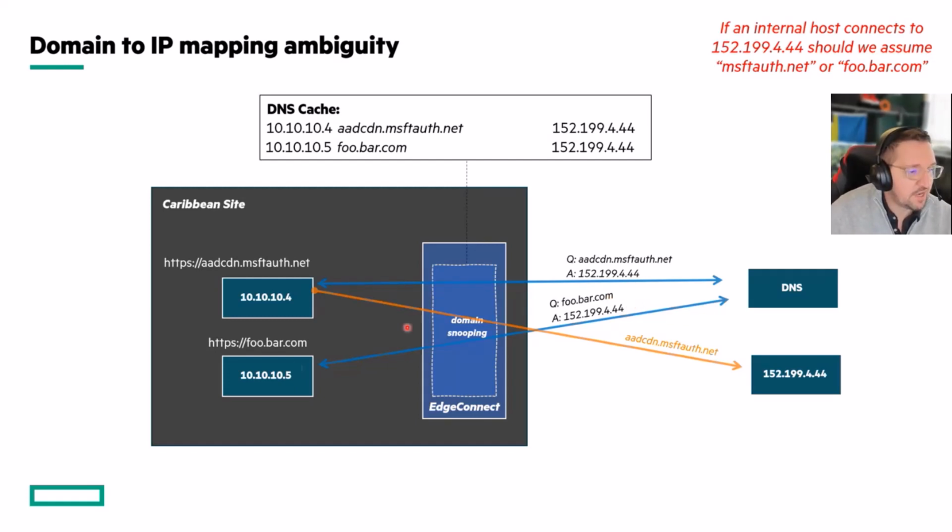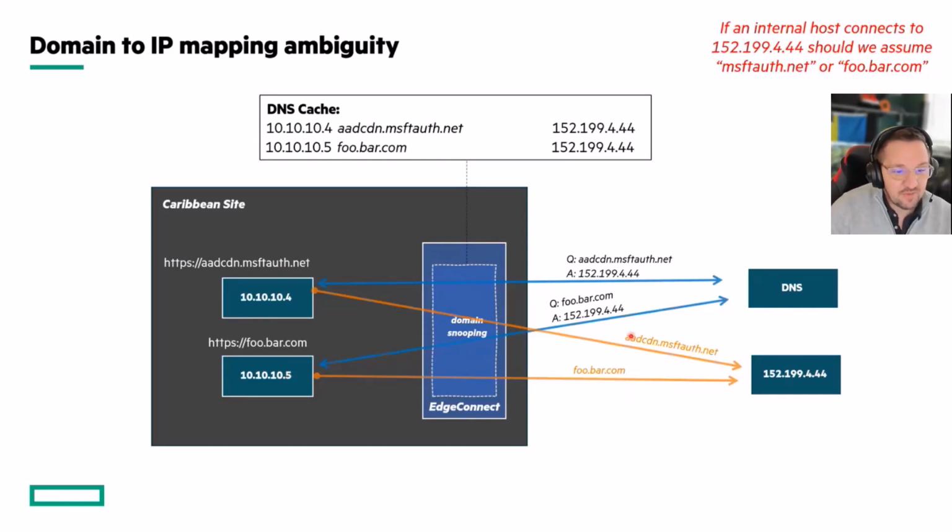So when the second user performs a DNS query, they get back foo.bar.com with the same public IP address. So now we have in our cache here two different domains, let's say with the same public IP. So now the question is, when the second user then goes to connect to the IP address that he just resolved, what application name do we assign to it?